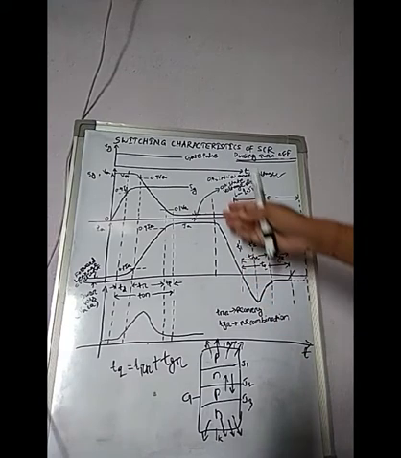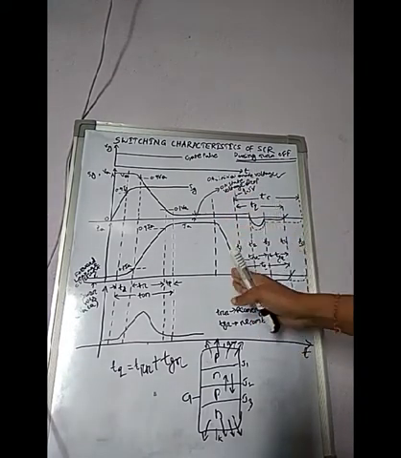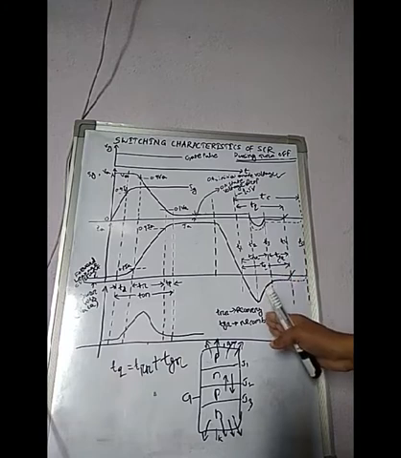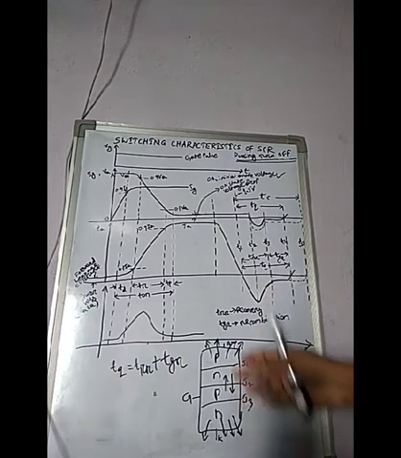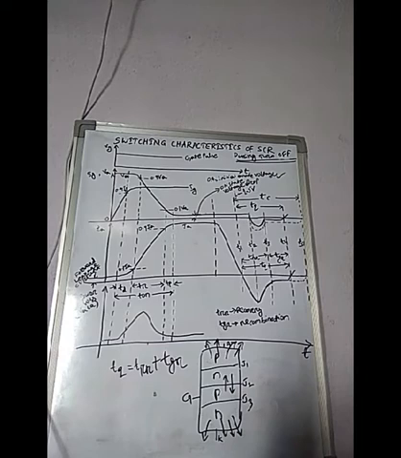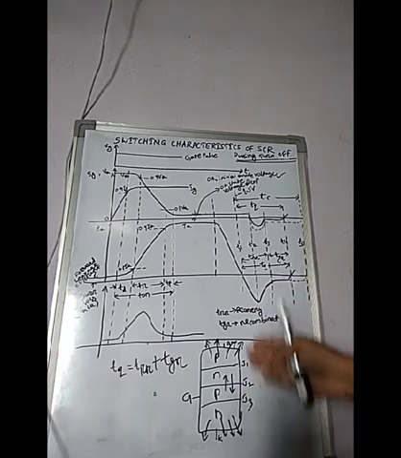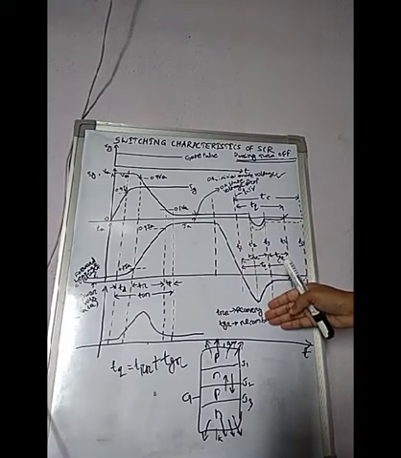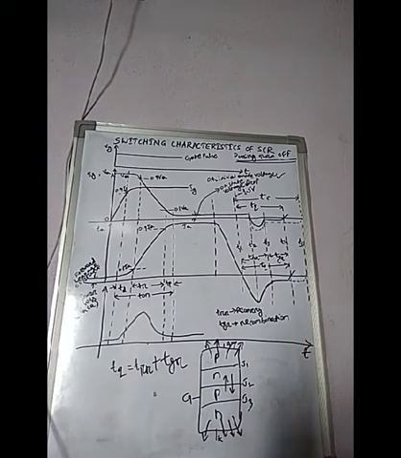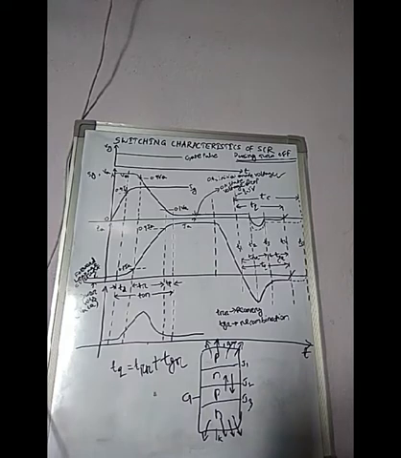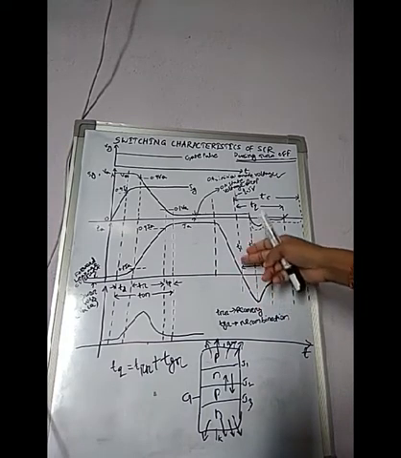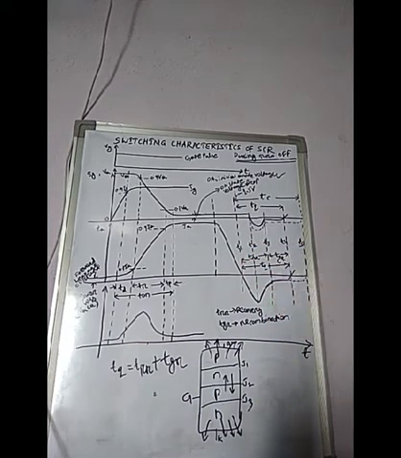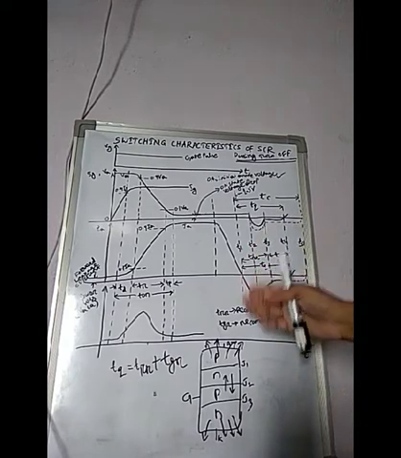The reason for this reversal of anode current after T1 is the presence of carriers stored in the four layers. Due to these carriers, the current again starts building up in the reverse direction after reaching the zero level. This is the reverse recovery current, which flows due to the presence of charge carriers.